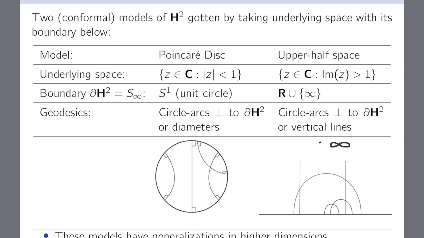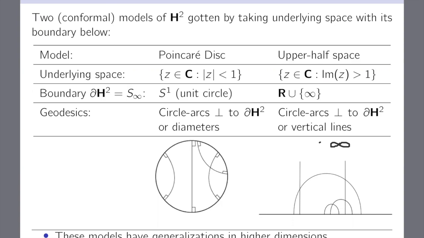So let's look at the Poincare disk. That's the set of complex numbers with modulus less than 1. In other words, the unit disk in the complex plane. It has as its boundary the unit circle, which we sometimes call S infinity. And the upper half space model has as its underlying set the complex numbers with positive imaginary part. That should say imaginary part of z greater than 0 instead of 1.